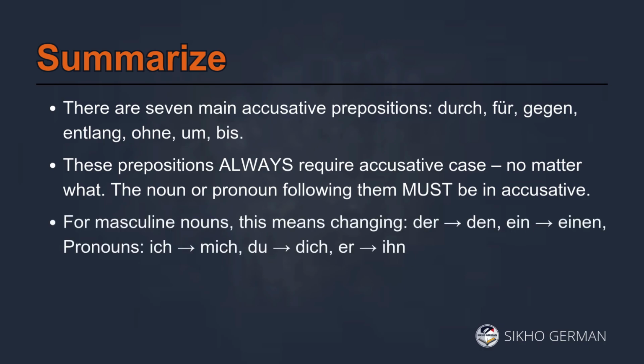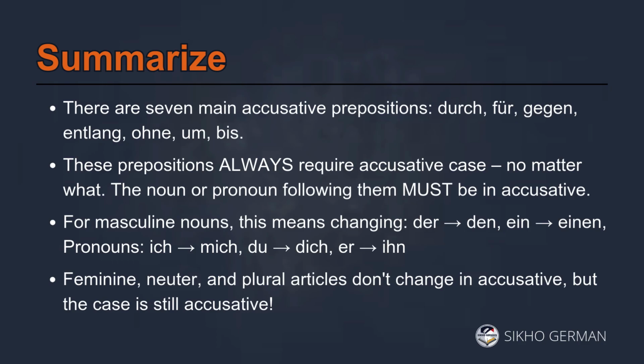Third, for masculine nouns, this means changing der to den, definite article, ein to einen, indefinite article. Pronouns ich to mich, du to dich, er to ihn. Feminine, neuter, and plural articles don't change in accusative, but the case is still accusative.